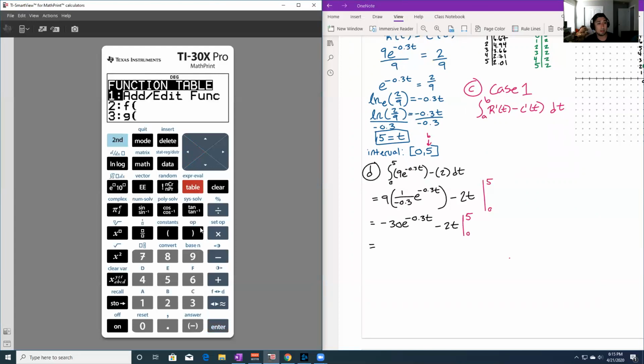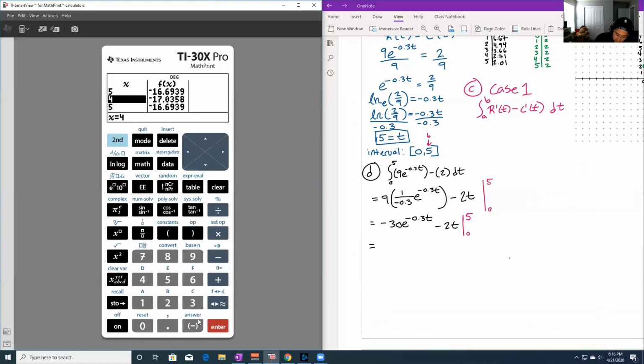So I'll do that table, add, clear this out. I get negative 30 e to the negative 0.3x minus 2x. Make sure it's all there. Enter, enter. And I type in 5.